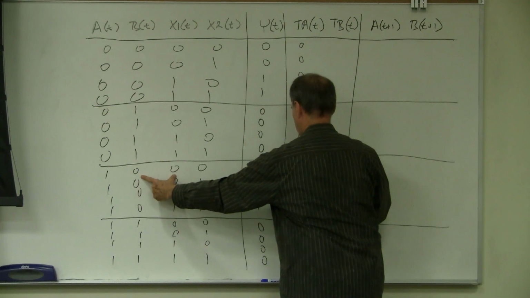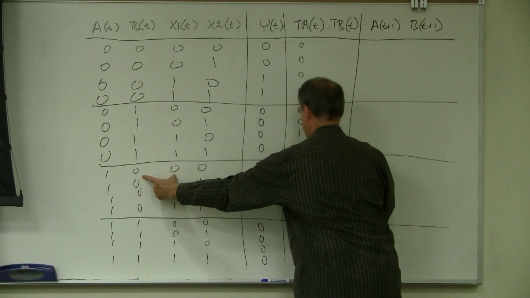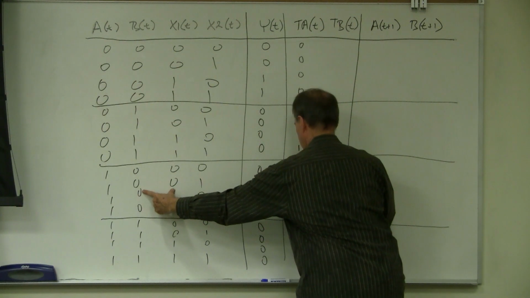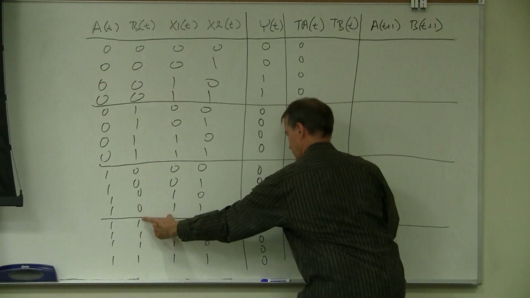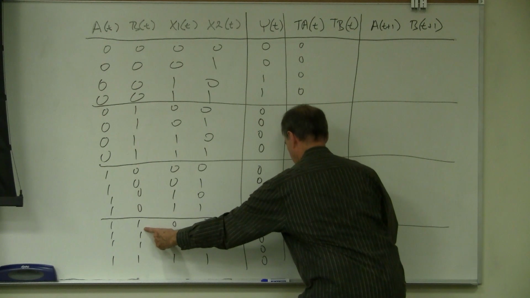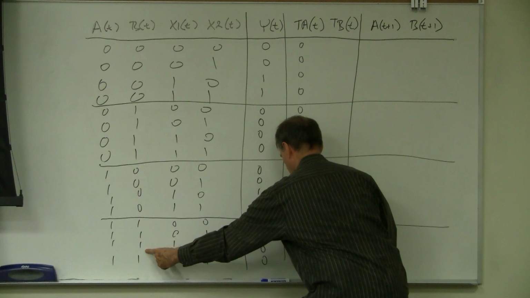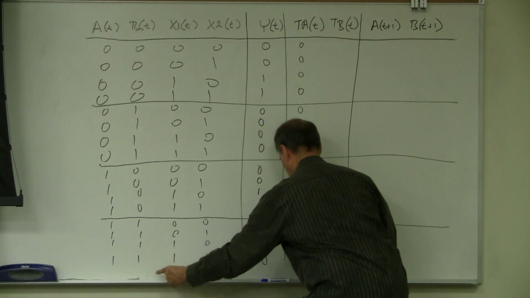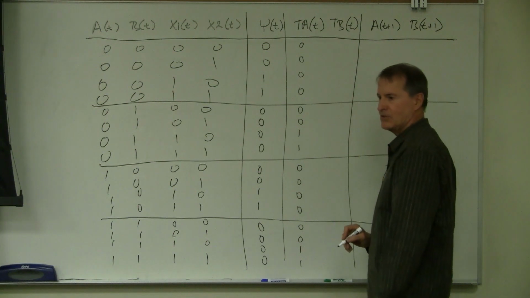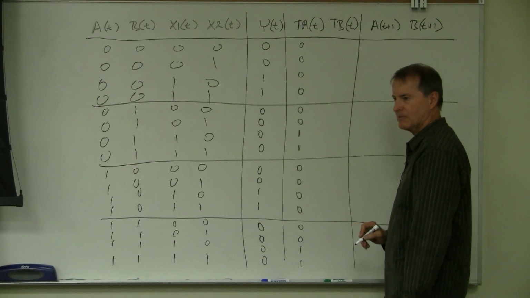Who's next? 0. 0. 0. 0. 0. 1. 1. Do you see how to do that? Is everybody clear?